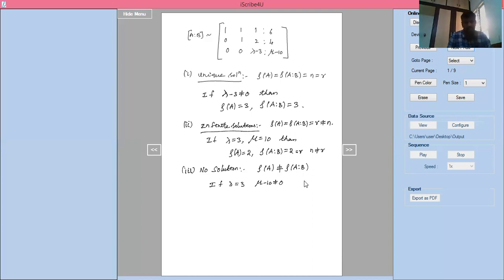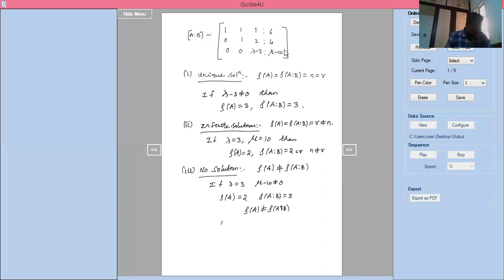If lambda equals 3, this entry becomes 0, so rank of A is 2. Since mu minus 10 is not equal to 0, a non-zero number appears, so rank of A is to B is 3. Now rank of A is not equal to rank of A is to B, so there is no solution. The system is inconsistent.